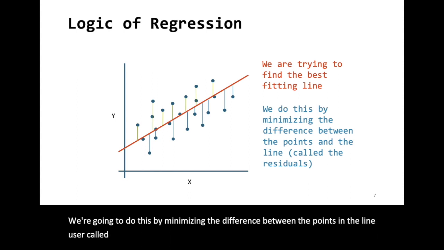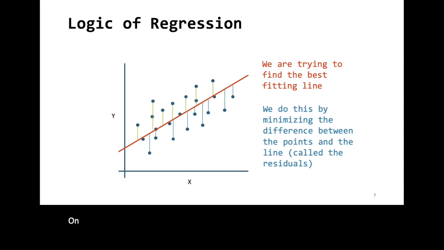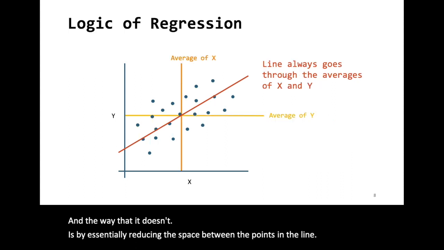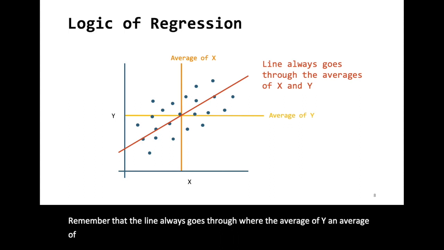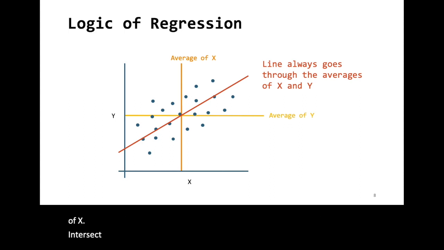Regression does it in a very special way, by essentially reducing the space between the points and the line. Remember that the line always goes through where the average of y and the average of x intersect. The line will always do that.